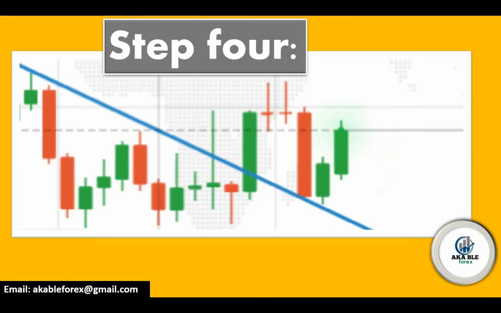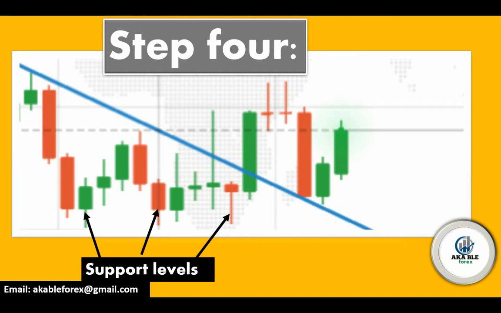Step 4, determine where to place a stop loss. Place a stop loss past the last support and resistance level in the trend itself. Again, use the 15-minute time frame to find this point of resistance or support level.